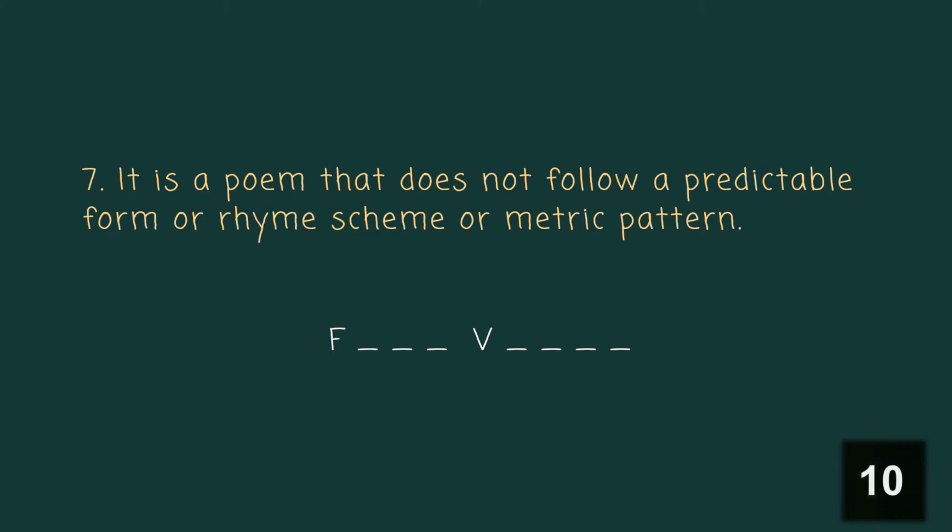Number 7. It is a poem that does not follow a predictable form or rhyme scheme or metric pattern. Timer starts now. Time's up. The answer is free verse.